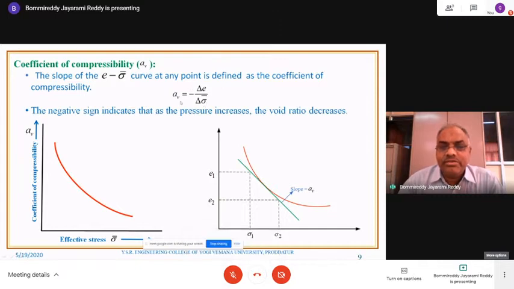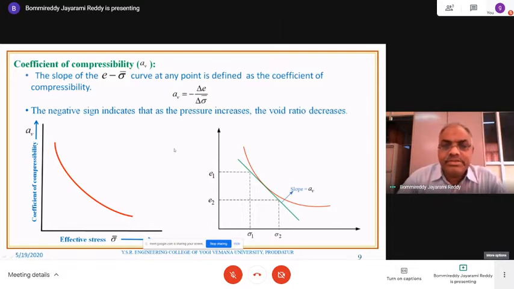So AV equals delta e by delta sigma dash. That can be understood very clearly from the diagram. So knowing the overall concept, try to understand the formula. Don't simply memorize it, because it is very difficult to recall whenever it is required.